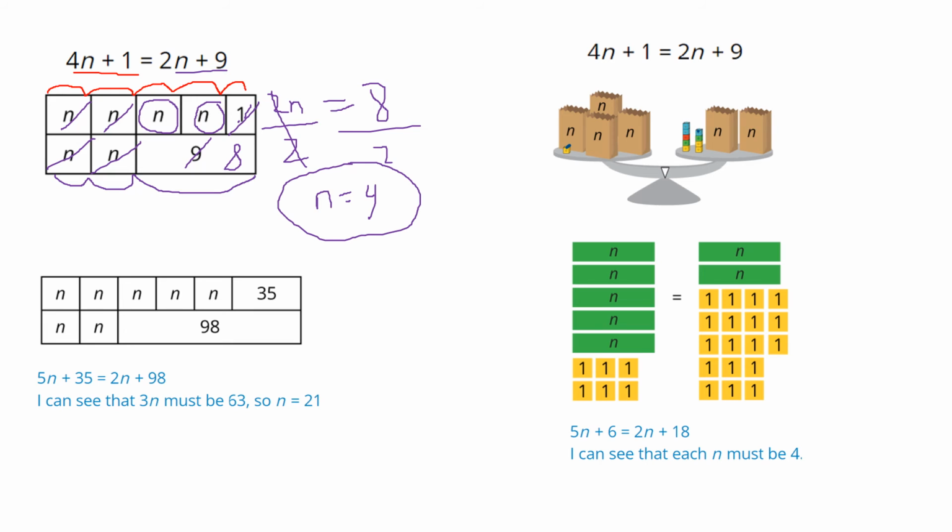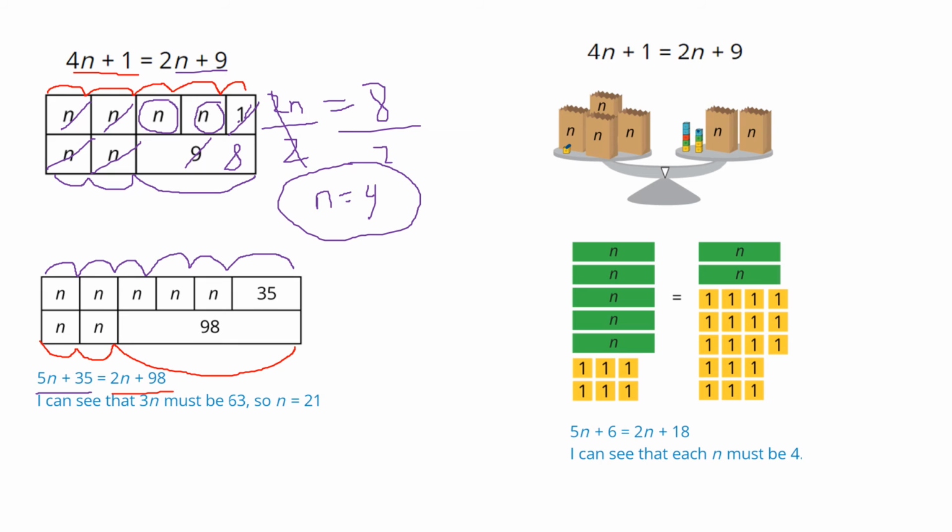At the bottom, 5n plus 35 equals 2n plus 98. So the 5n plus 35 is on the top. There's 1, 2, 3, 4, 5 plus the 35. And then on the bottom, we have our 2n plus 98. So our 1, 2n plus the big jump of 98.